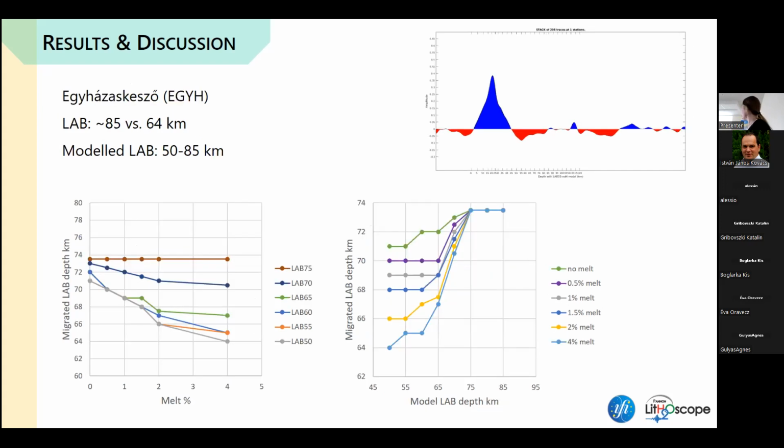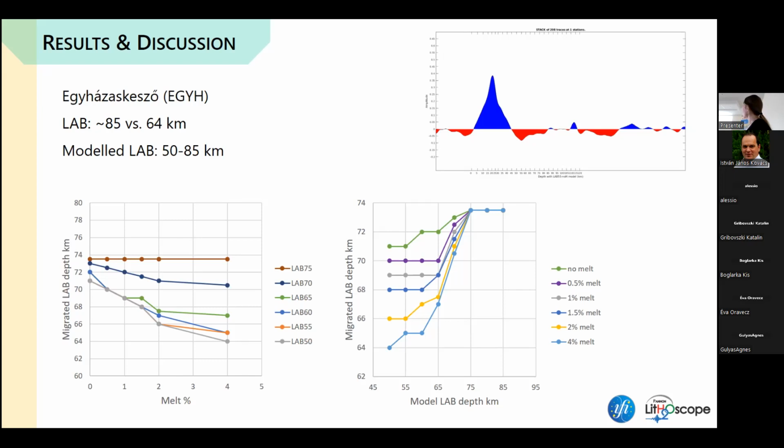Compared to this, this is the other station, where the modeled LAB range, actually the LABs on the map of Tari and Kalmár, were quite different. So we did a modeled LAB range, which was a bit wider. And we can see here that these melt curves are now going into 1 point, and then there is no change in the migrated LAB depth once we are above 75 kilometers for the model LAB depth.